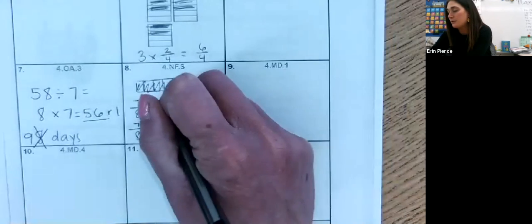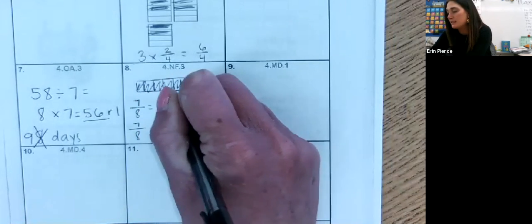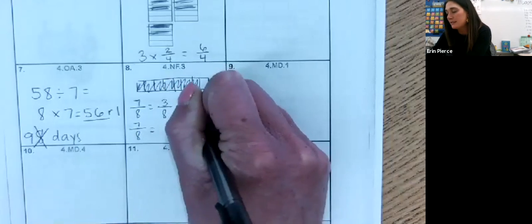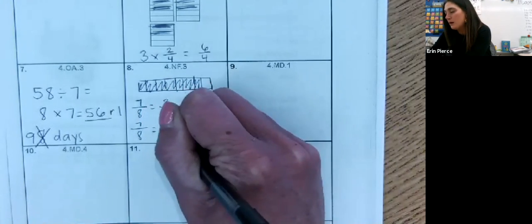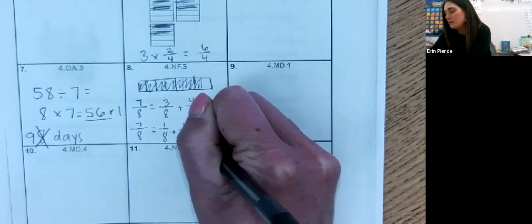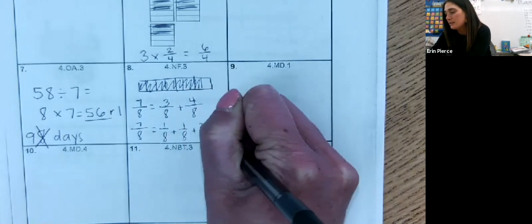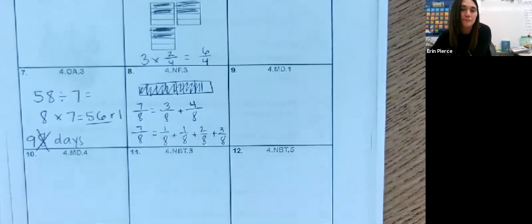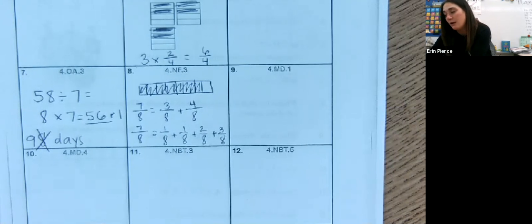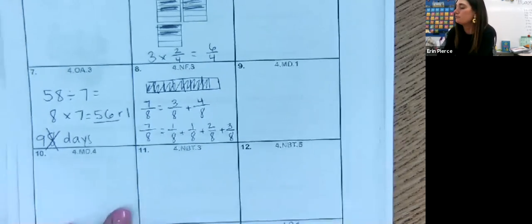So I could do 3/8 plus 4/8 equals 7/8. I could also do 1/8 plus 1/8 plus 2/8 plus 3/8. Can you think of another way? If you have a different answer for number 8, whatever way you have is perfectly fine as long as it equals 7/8.